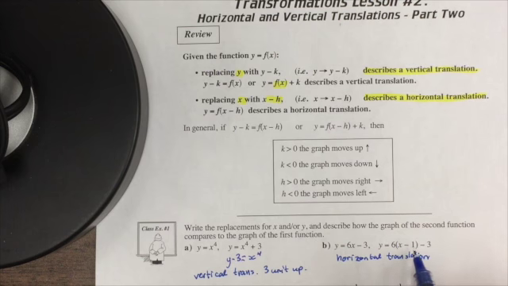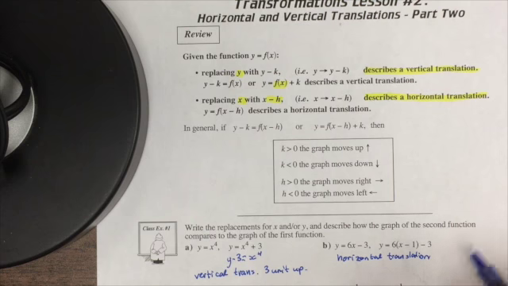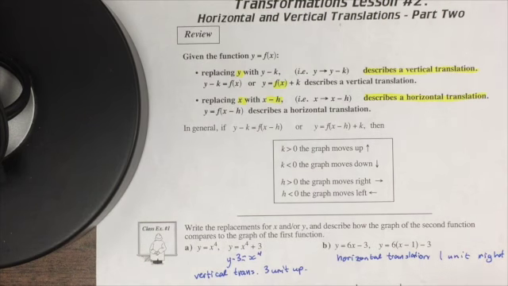Sorry, there's only one translation occurring here because this negative 3 is part of my original equation, so this is going to be a horizontal translation 1 unit to the right. All I did was take this x minus 1 and replace my value of x here.